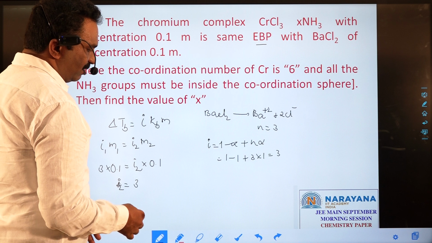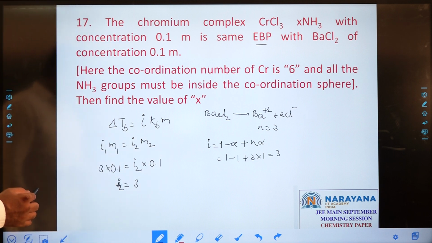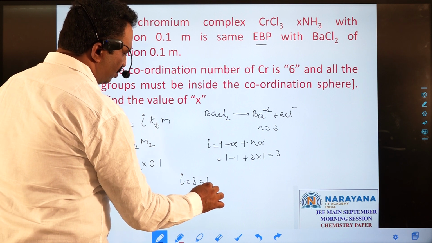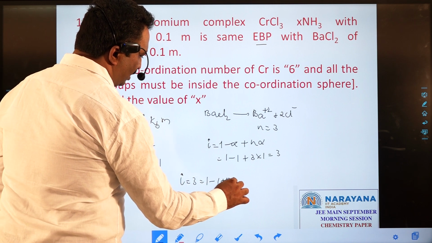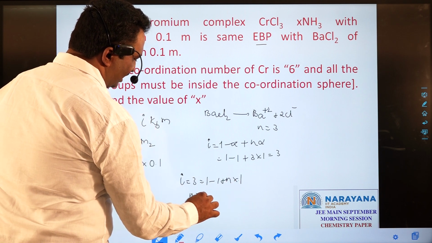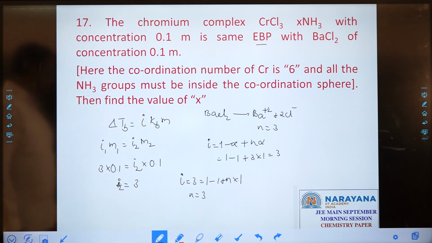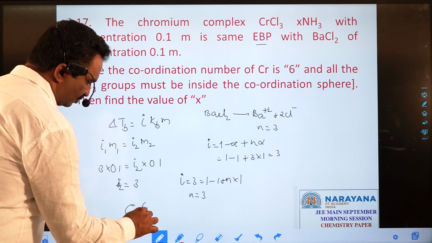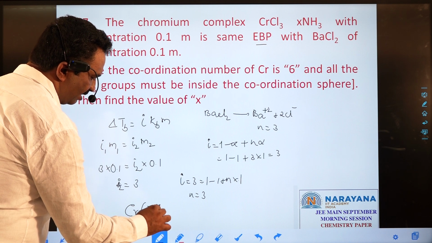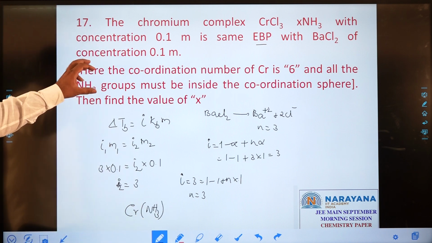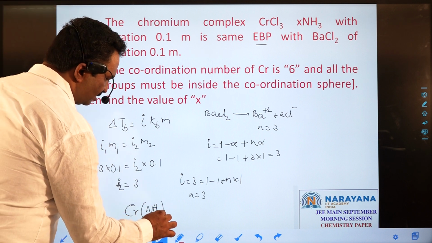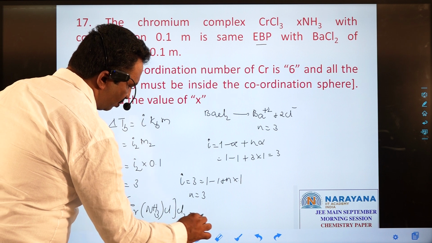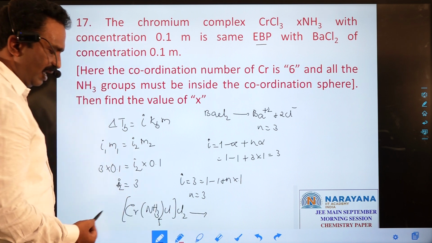With alpha equal to 1, if i is 3, then 3 is equal to 1 minus 1 plus n into 1. n value must be 3. 3 ions are obtained from the chromium complex. Here it was given all NH3 are within the complex. 3 chlorines, and it is possible to proceed like this.